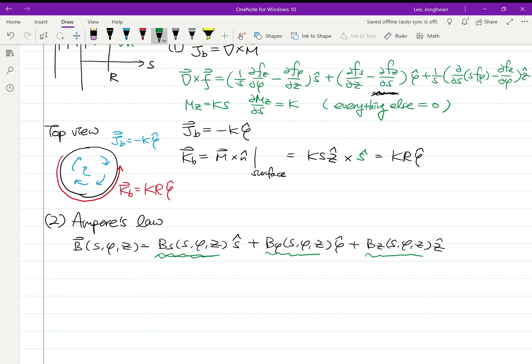So you need a little bit of intuition here, but you can ask yourself two questions. First, how will the magnitude of the B field depend on S, phi, or Z, or all of them? And second question is, what will be the B field direction?